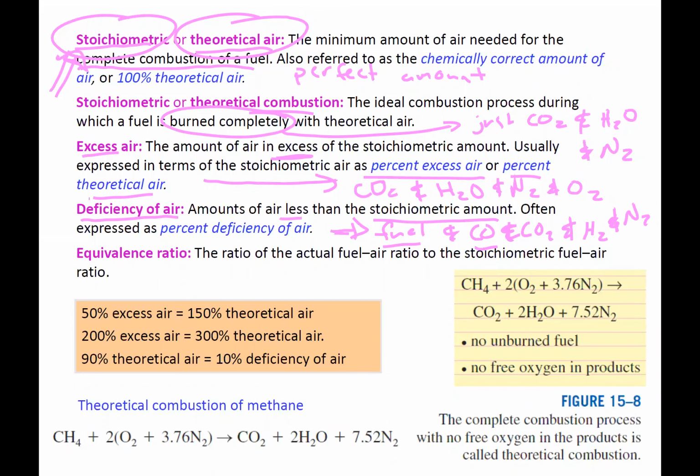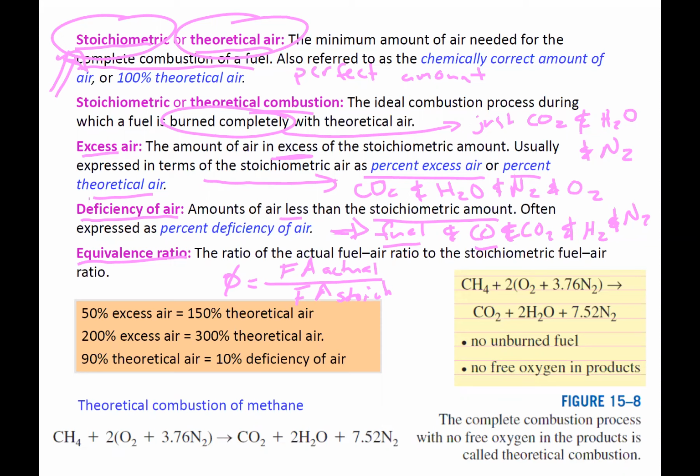All right, so a term that normalizes your air to fuel ratio is the equivalence ratio. That's just taking your fuel to air ratio actual and dividing it by your fuel to air ratio stoichiometric.